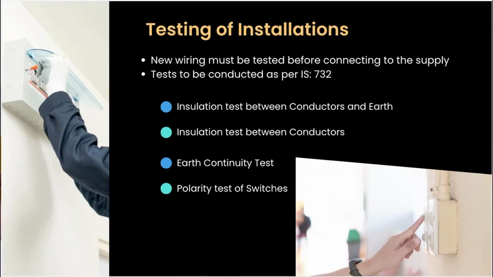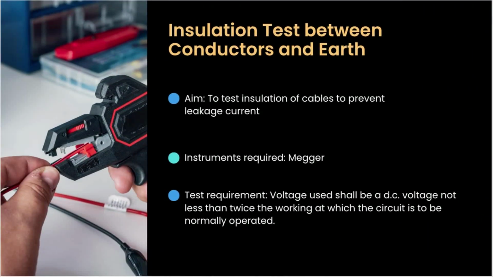The first test that we are going to discuss is the insulation test between conductors and earth. This test is conducted to check if cables used in the wiring are sufficiently sound and there is no leakage current. To conduct this test, a Megger instrument is required.